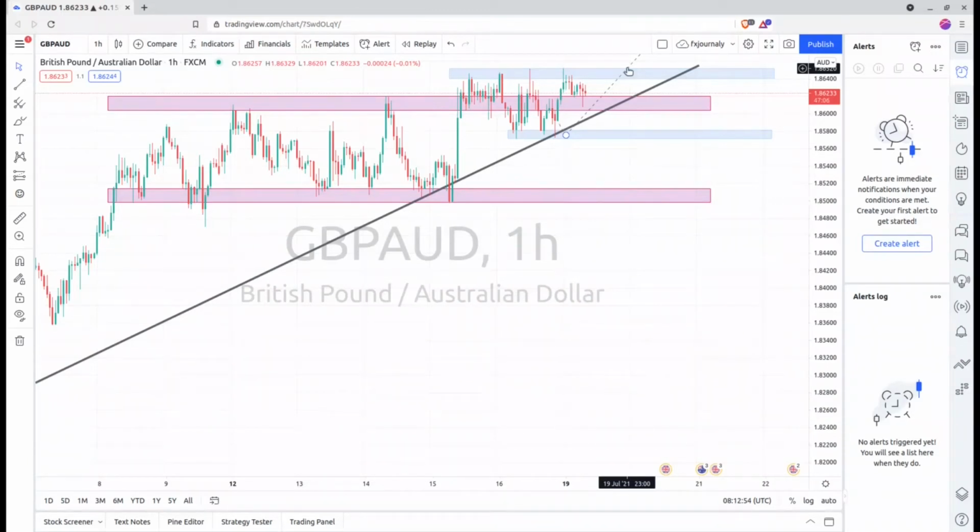Price has been moving steadily in the bullish direction since April of this year. And there hasn't been any news that has come out to give us any kind of inkling that price is going to all of a sudden reverse and start going bearish.